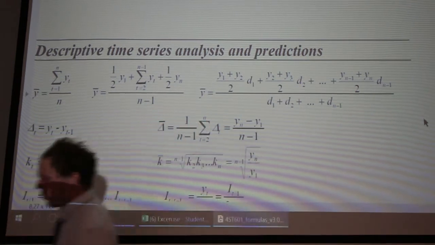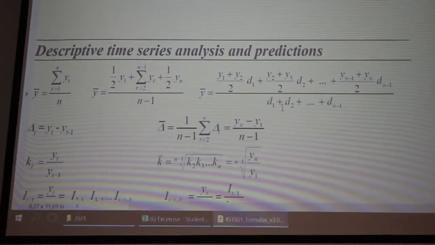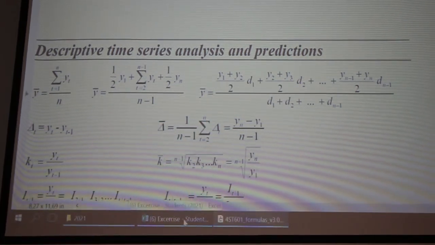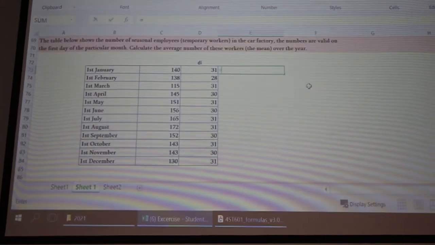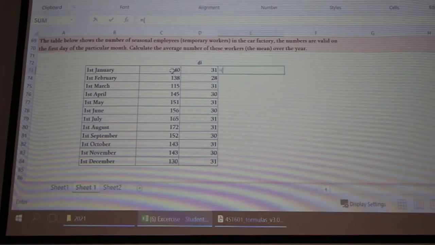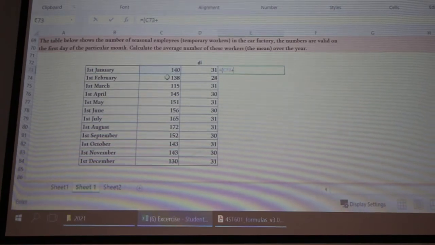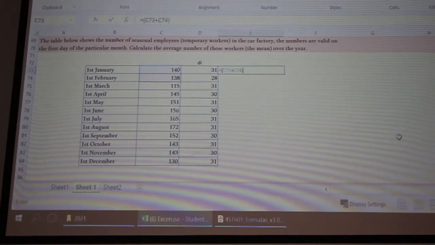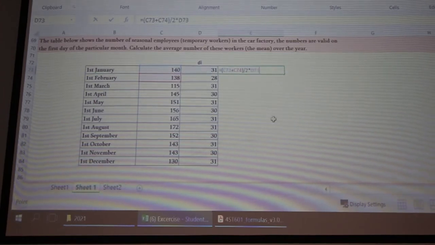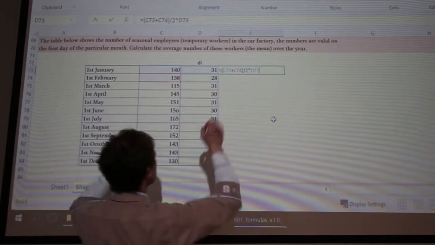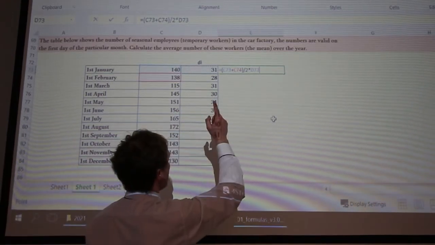So we will calculate these partial results here. Equal sign, I will open parenthesis, this value plus this value, close, divided by 2, weighted by number of days. Yes? So this is the same.